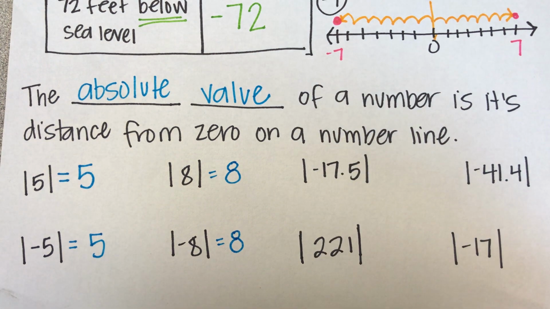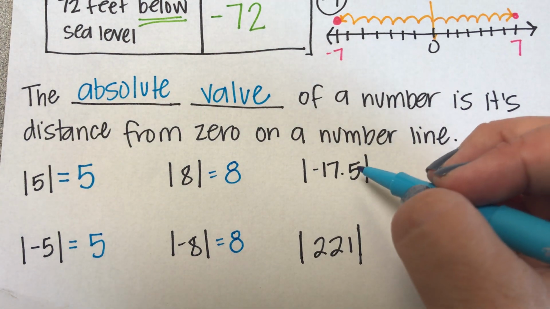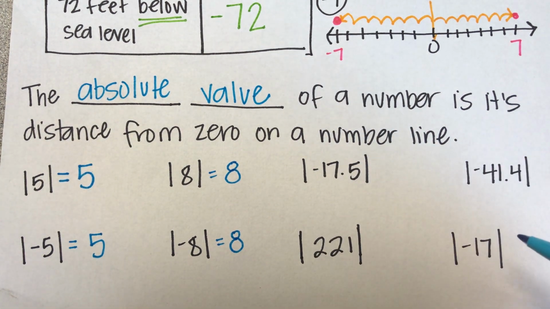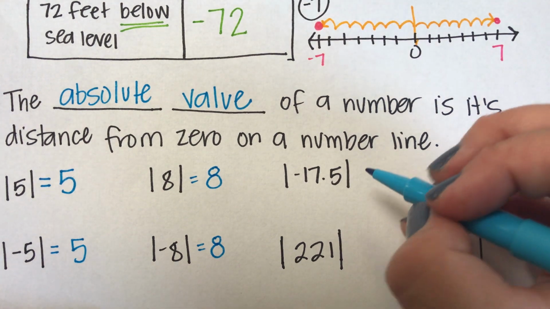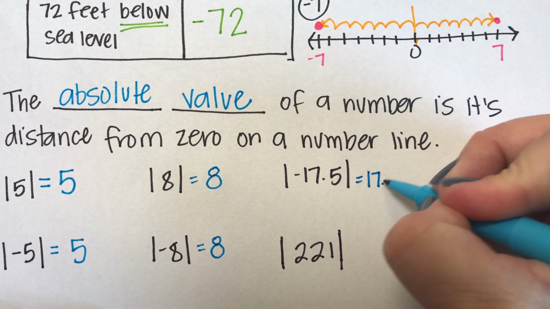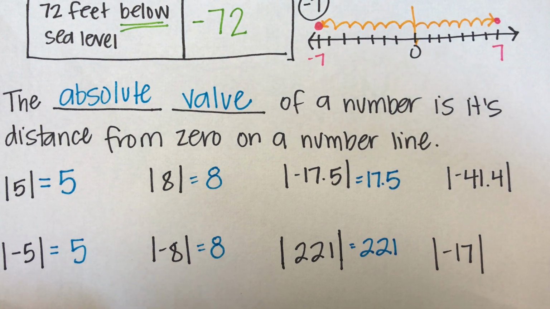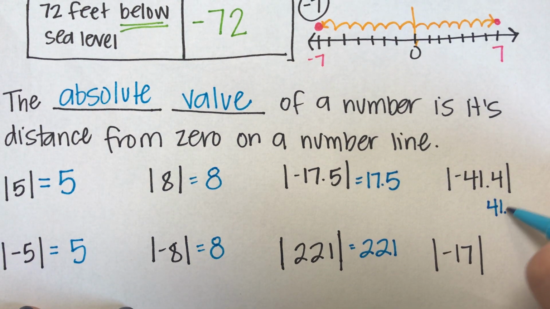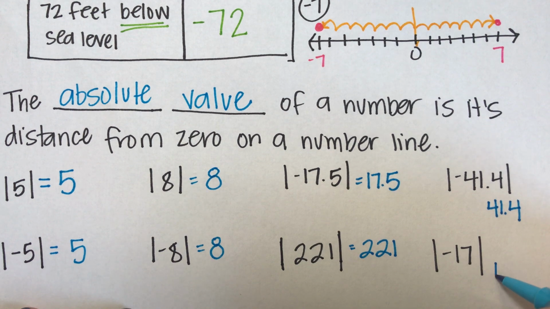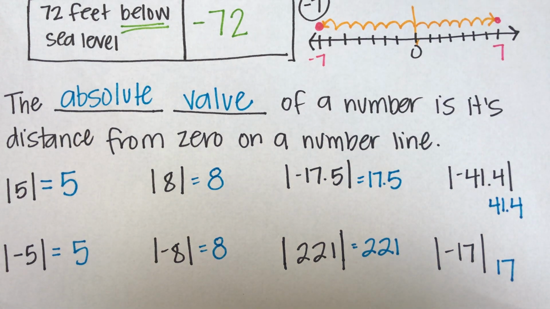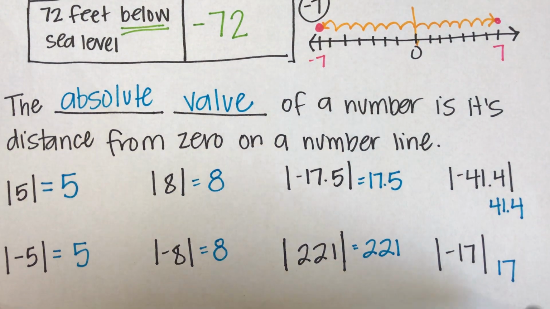That's also 8 spaces away. Okay, so why don't you fill out these next 4, pause your video, fill them out, and then come back. Okay, here we go. Here's what you should have got. 17.5, 221, 41.4, and 17. And again, all of these numbers are positive because you can't have negative distance.